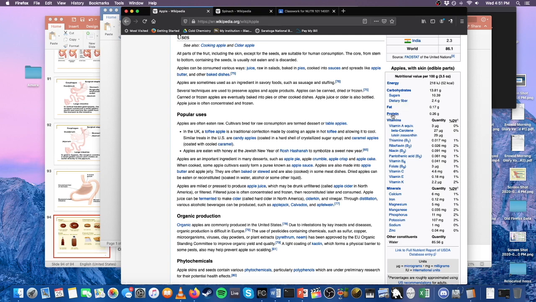It would have fat and protein, but then it would only have a few vitamins and minerals. Whereas here, it gives you basically every mineral that I've asked you for in the diet project, and some that you wouldn't expect to be in there, like potassium being in apples.